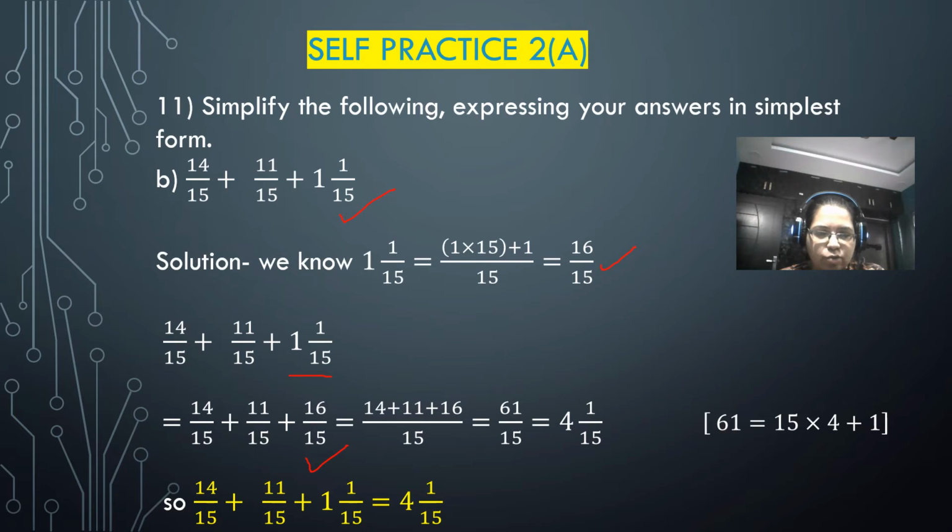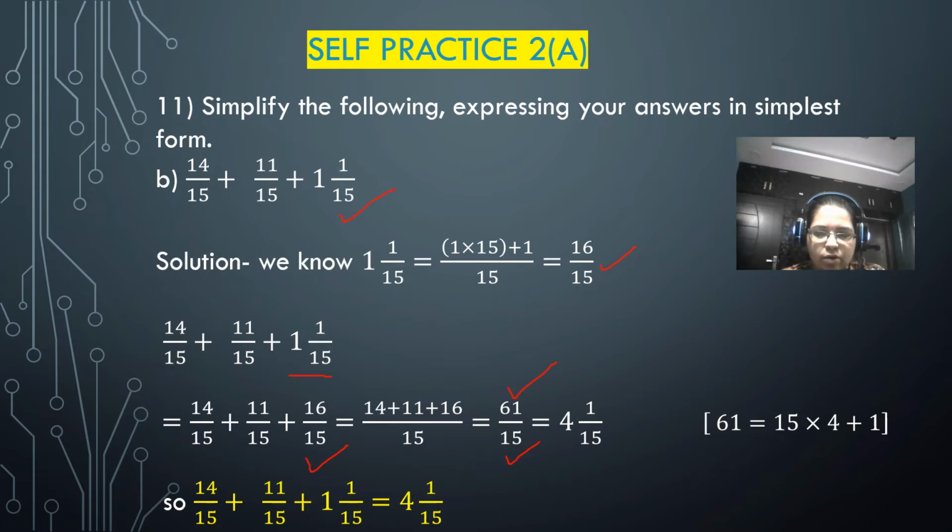So here add the numerators, that is 14, 11 and 16. 14 plus 11 plus 16 is 61, and write down the denominator 15. So we get 14 divided by 15 plus 11 divided by 15 plus 16 divided by 15 equal to 61 divided by 15. And 61 divided by 15 is an improper fraction.